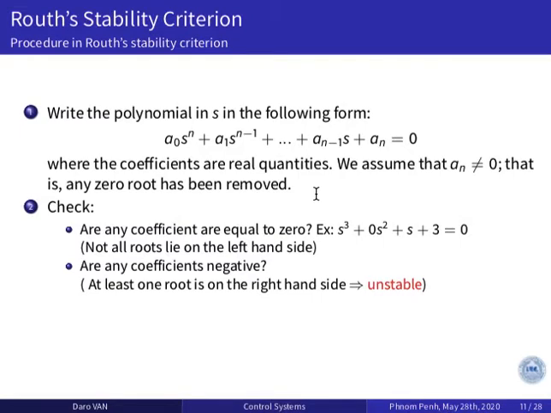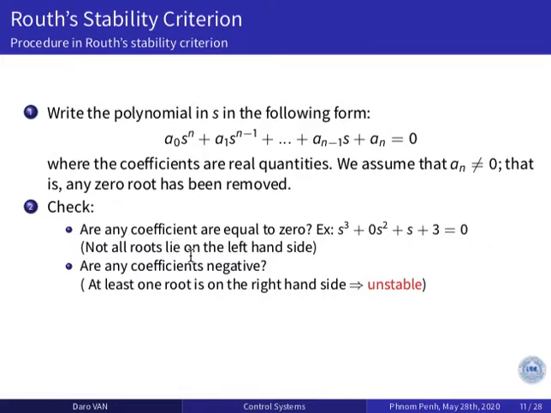Then we have to check: are there any coefficients that are equal to 0? For example, in this case, one coefficient is equal to 0, and then you can tell that not all roots lie on the left hand side.